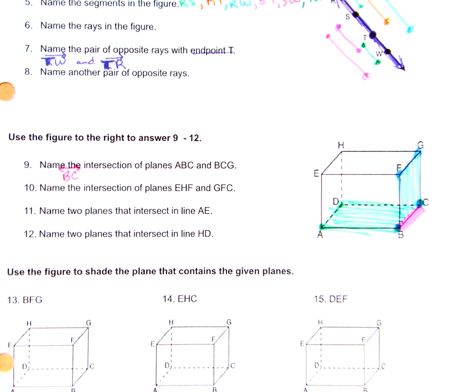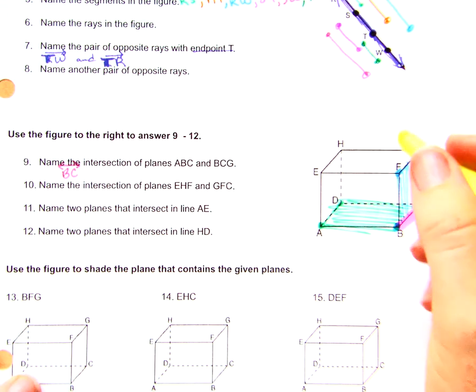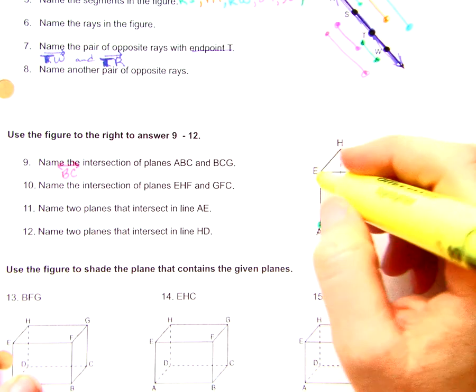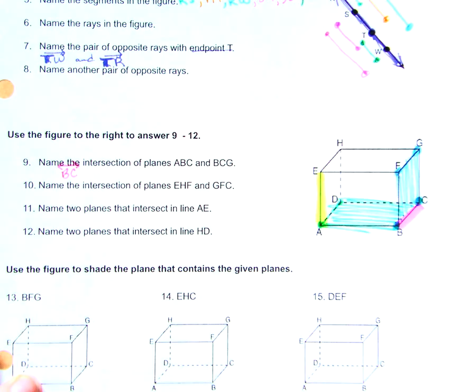Number 11 says, name two planes that intersect at AE. Here's AE. We want to think about what faces of this box, front, back, left, right, top, bottom, include the edge AE.